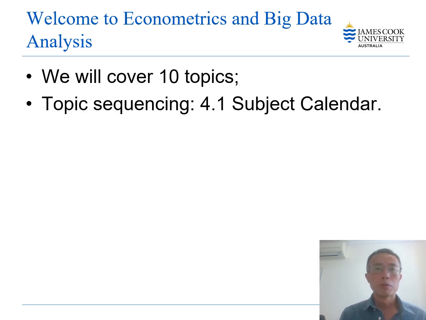Okay, we will cover 10 topics for this subject. The topic sequencing can be found on the subject outline, section 4.1, subject calendar. Usually the later topics will be built upon the earlier topics.